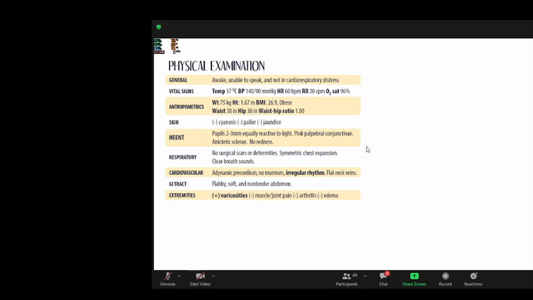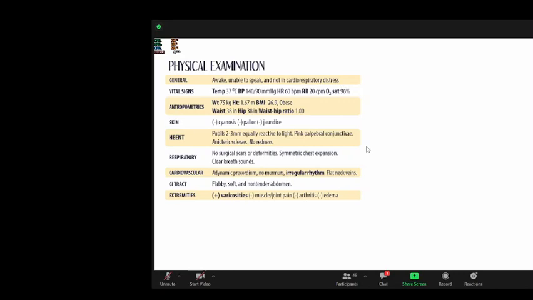His skin, there is no cyanosis, pallor, or jaundice noted. The pupils are 2 to 3 millimeters, which are equally reactive to light. He has pink palpebral conjunctivae and anicteric sclerae. No eye redness was noted. For the respiratory, no surgical scars or deformities seen. The patient has symmetric chest wall expansion and has clear breath sounds.